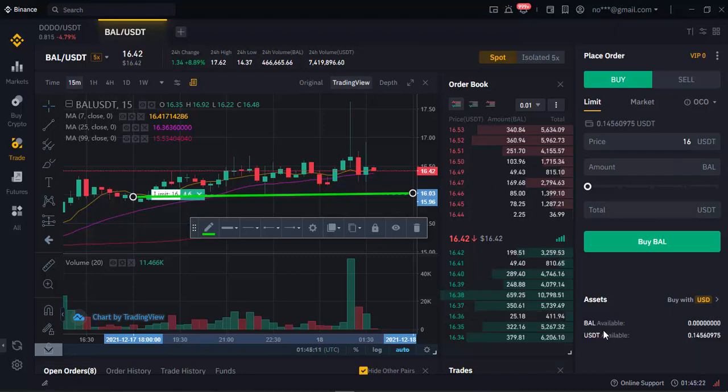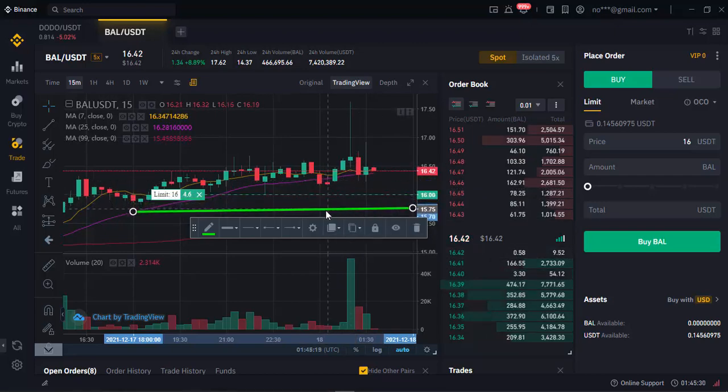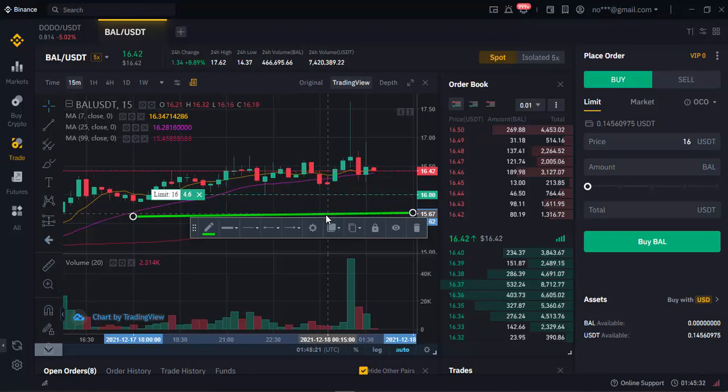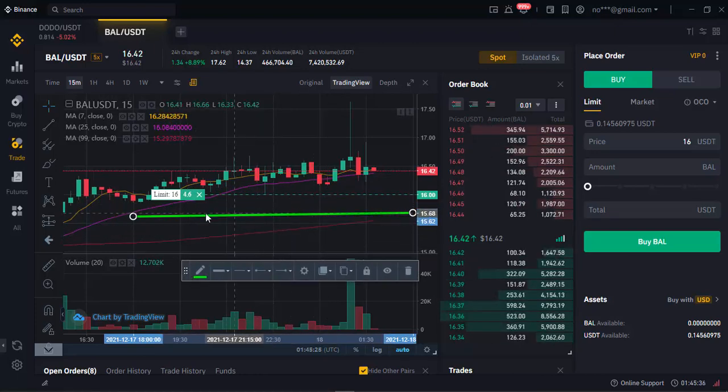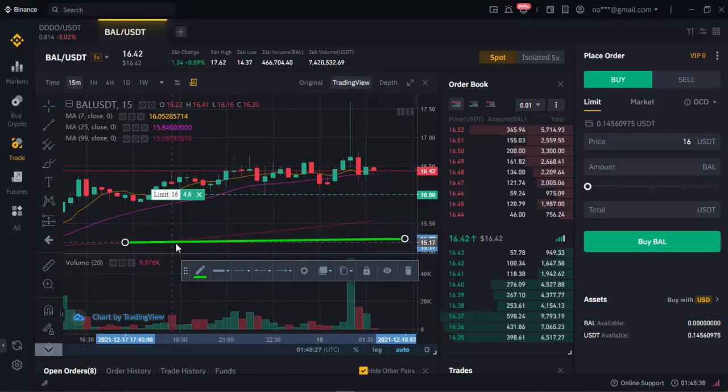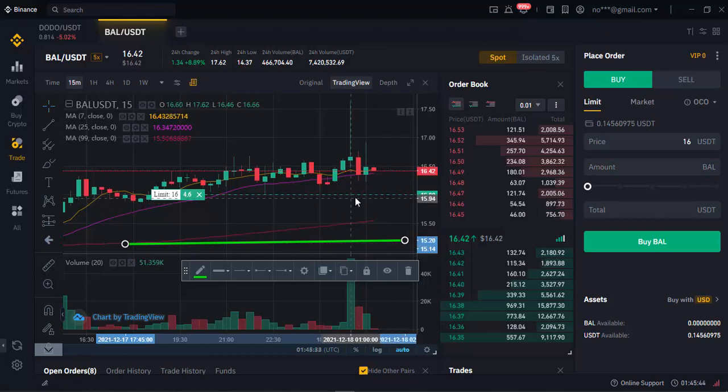Okay, limit buy order created. It has been created. So look at this. Let me remove this line or push it back, and then push this one down and down again. Look at it here, inside the chart it says, okay, this is where your order is waiting.